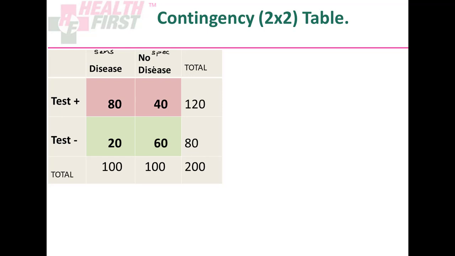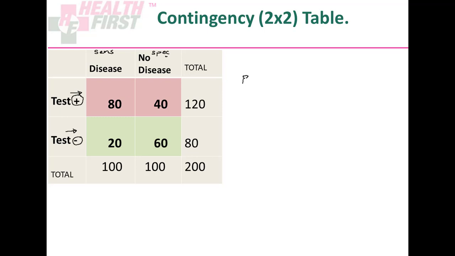We were asking the question, how good is this test at correctly identifying individuals without disease? Now, for the predictive values, we go now to the other side of our 2x2 table. For the positive predictive value, our point of view is the positive test. And for negative predictive value, our point of view is the negative test result, right?